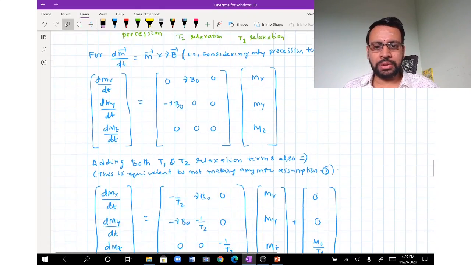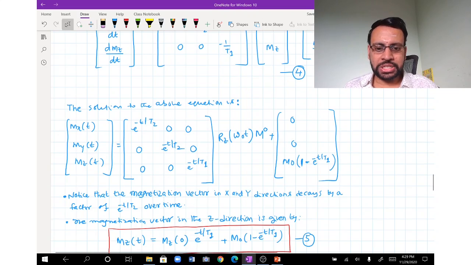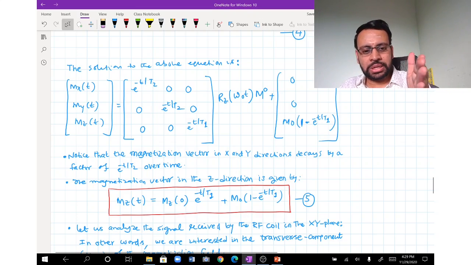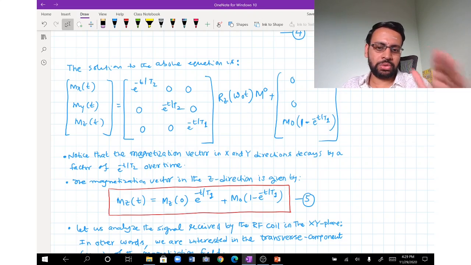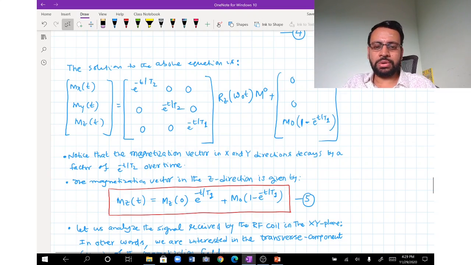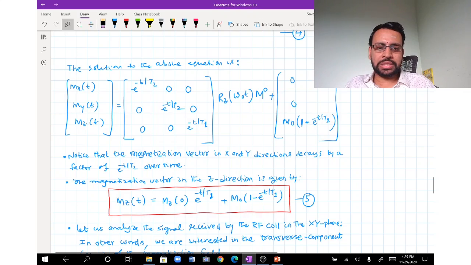So this mz of 0 is getting multiplied with e power minus t by T1 there. This is anyway rotation around the z axis, so it's not going to modify the z value, so nothing to worry about that. And then plus m naught into 1 minus e power minus t by T1. Notice here, for the time being, consider the case where your mz of 0 is 0, where it is just tipped to the xy plane. So then this is the expression that we have written here.